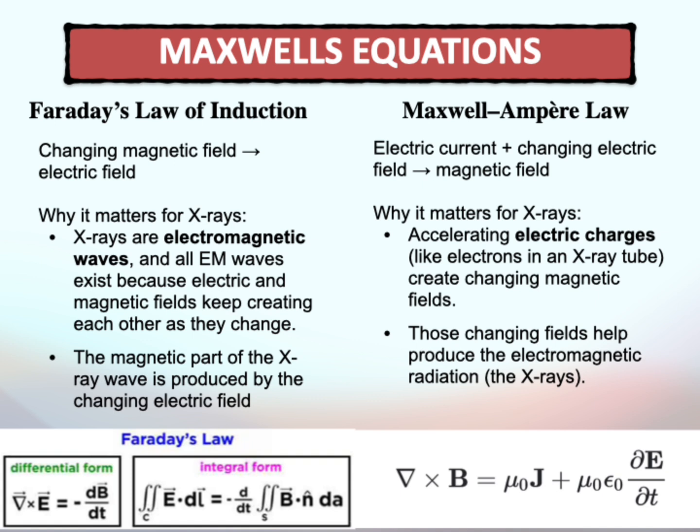And an electric current through those changing electric fields creates a magnetic field. Accelerating electric charges, like electrons, create a changing magnetic field. And those changing fields help us produce the electromagnetic radiation, which are the X-rays.